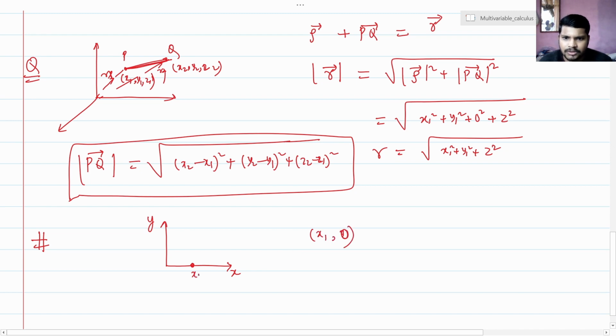So this is x1. In order to plot it in 2D, since y becomes 0, it will be simply parallel to the y axis. There is nothing wrong here. What you have to do is simply extend it parallel to the y axis.